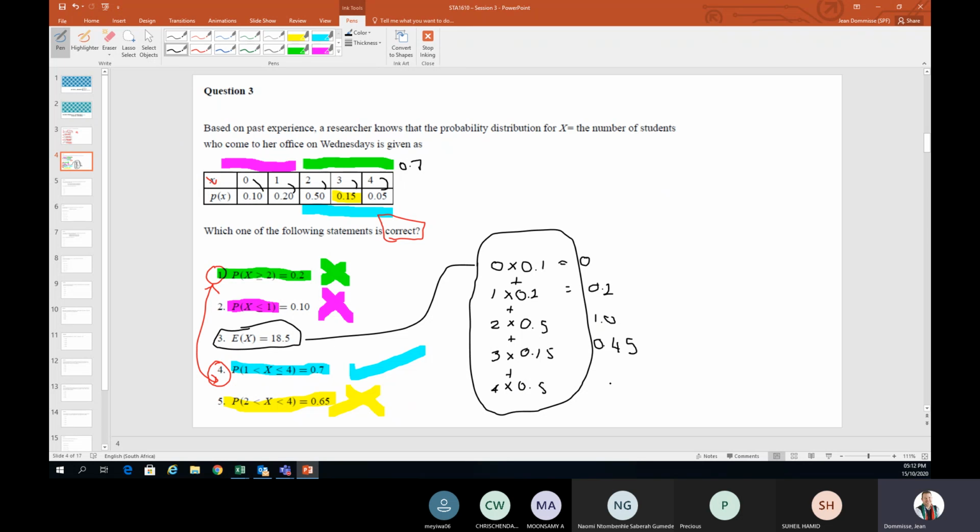Probably 1.85 is what you're going to get. So that is 0.2, and then it's 1. Yeah, your answer is going to be 1.85 and not 18.5. Okay.